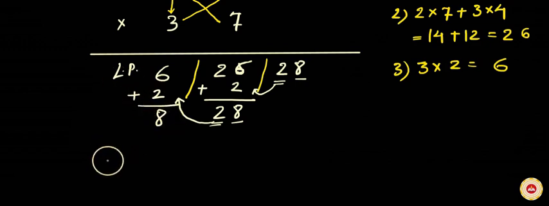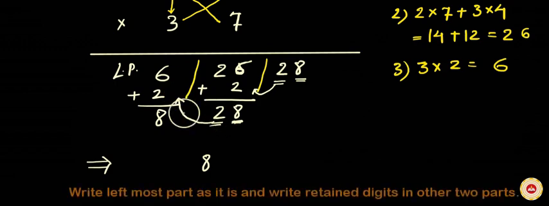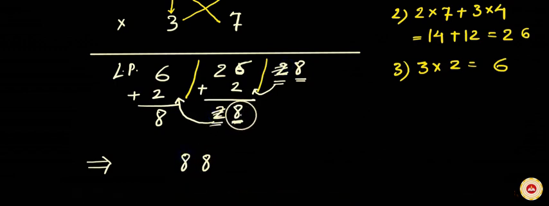Now friends, let us write the final answer. Write this 8 because we are going to retain this 8. Now write this 8 because we have already passed this 2 to the left part. Let me cancel this. Write 8 from the middle part and write this 8.